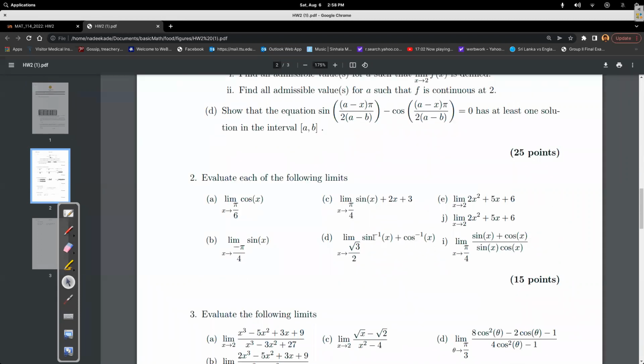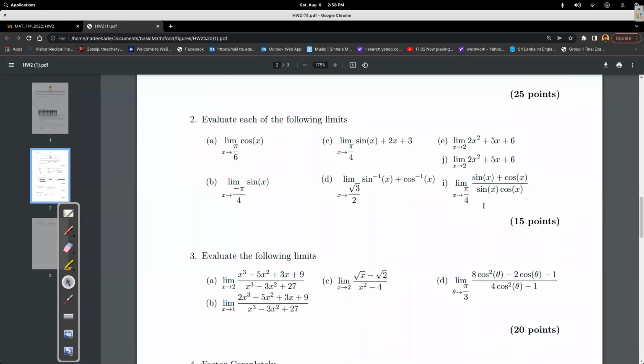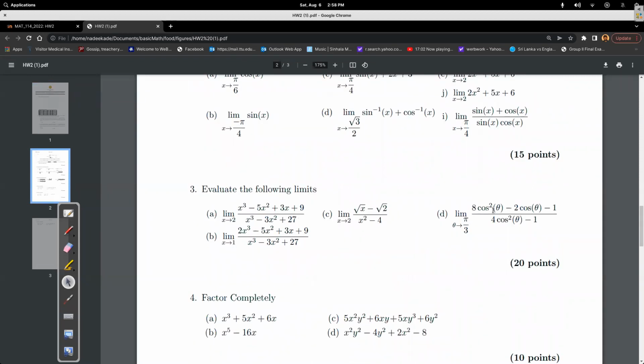This is the first type of problems I use. Okay, you can directly do quotient rule, product rule, and like that. Okay, then here what we did today, factoring. Okay, you have to factor this equation through, evaluate limits by factoring.